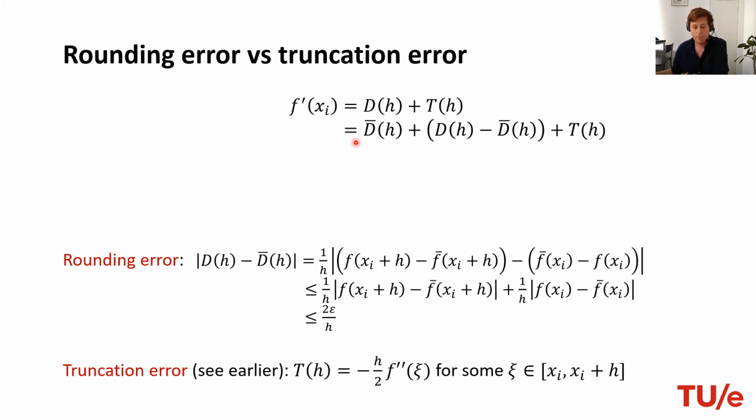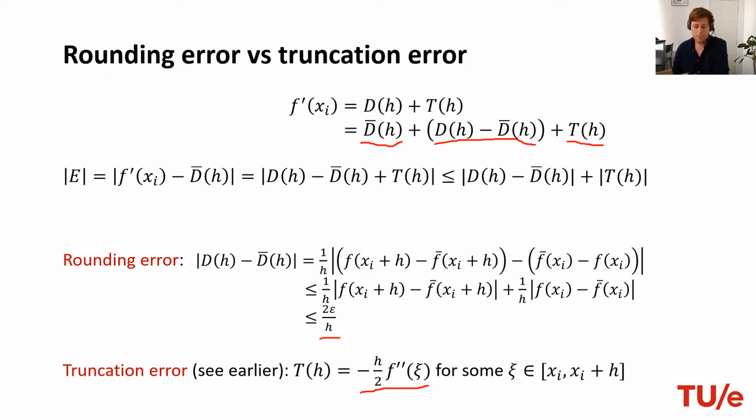So we can rewrite this as the rounded finite difference formula, which we actually compute in MATLAB, for instance, plus a rounding error, which we can specify as being bounded by 2 epsilon over h, plus a truncation error for which we can also derive an expression.